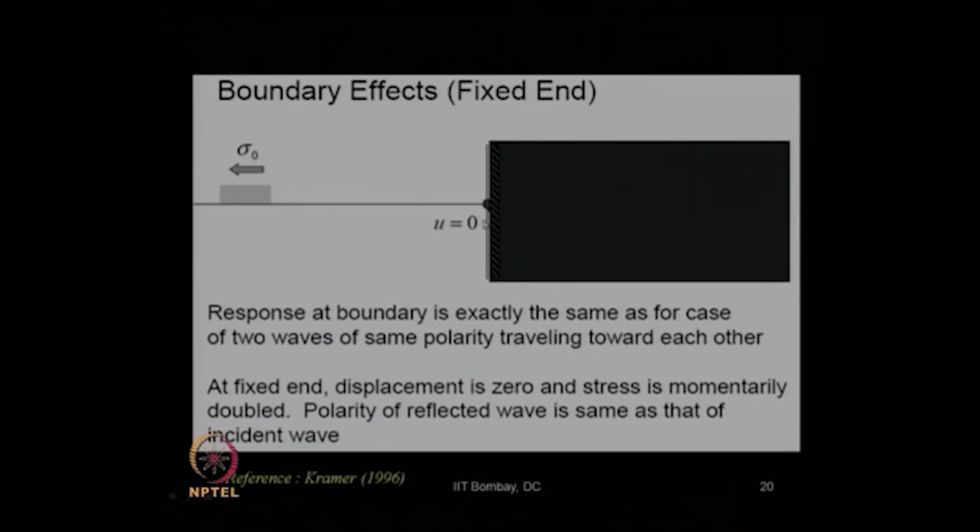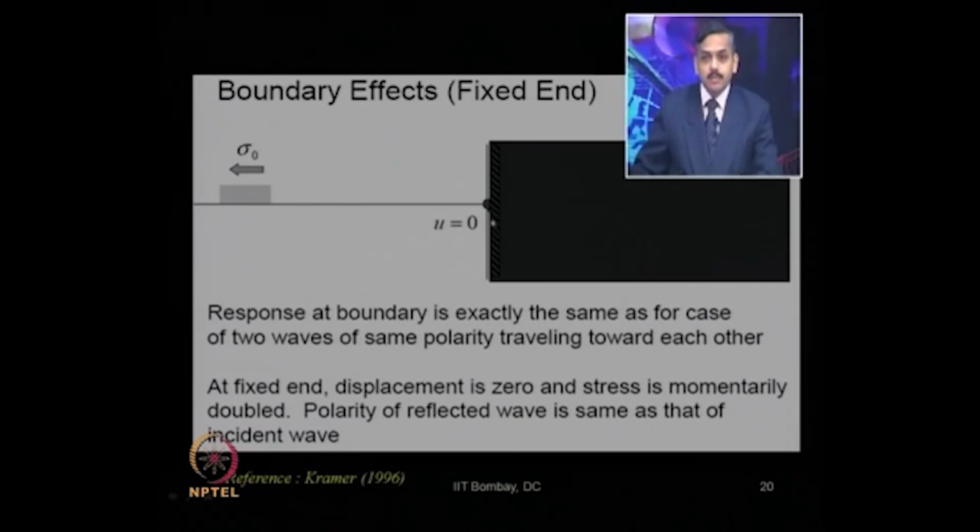Am I right? Because if you see the solution of sigma or u, if you put u equals to 0 at this boundary for a wave traveling in the positive x direction and negative x direction, if you sum them up, the stress gets double the amplitude at this boundary where u equals to 0, because the incident wave completely comes back and goes back as a reflected wave.